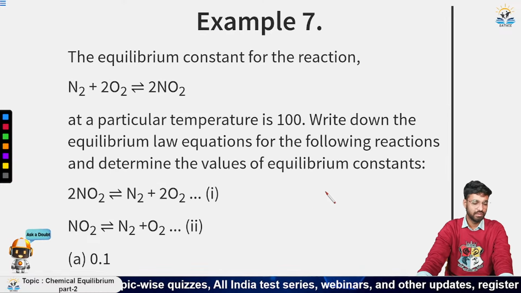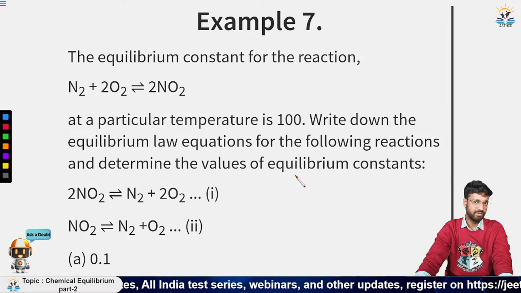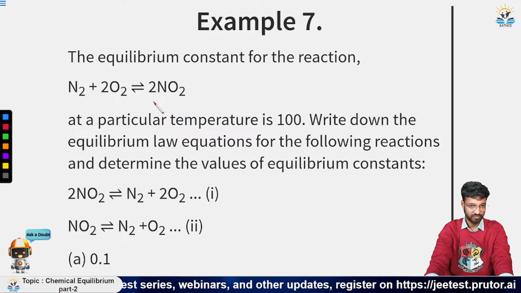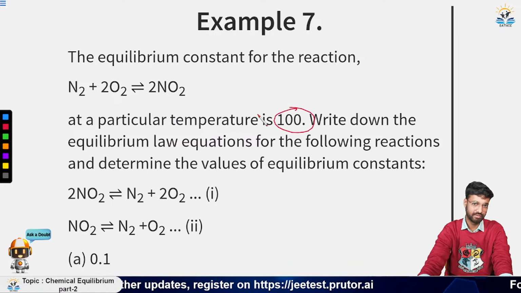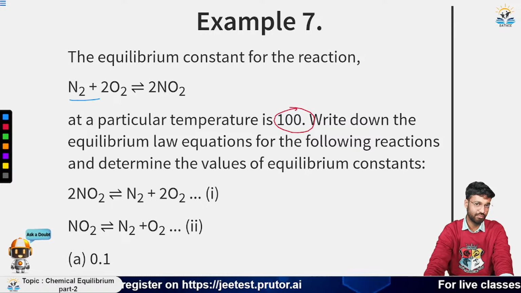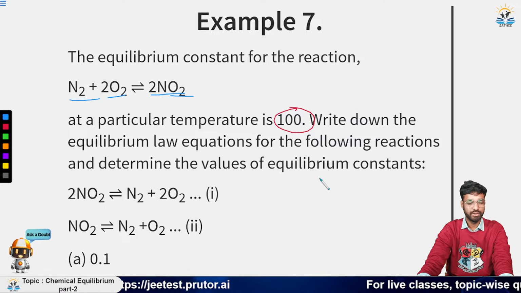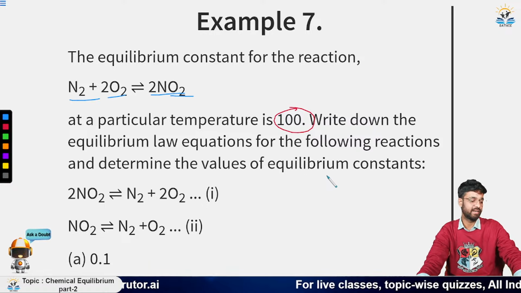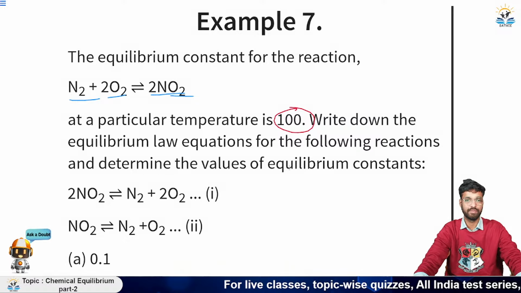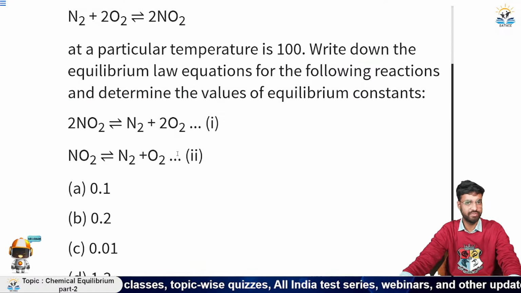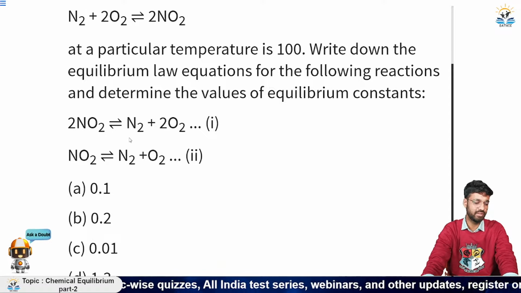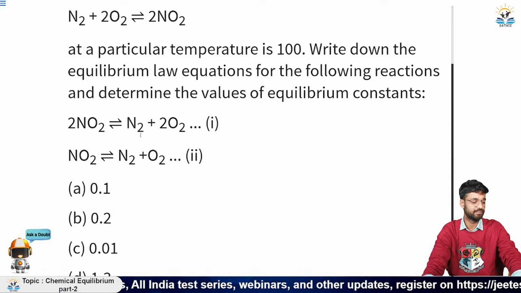Right. Now let us move to another question, which says that for a given reaction, we have this equilibrium constant as 100. N2 plus 2O2 gives 2NO2, and this is a multiple select, as it was earlier also. What do we have to find? We have to find the equilibrium constant for these two equations.